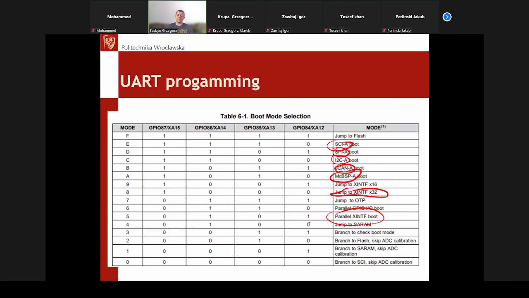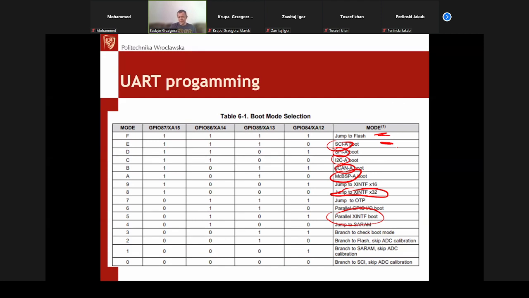Important from the perspective of the designer or developer of embedded systems is to localize this table, because if we want to use UART or SPI programming, then of course we need to find out what is necessary to start the processor in this mode.